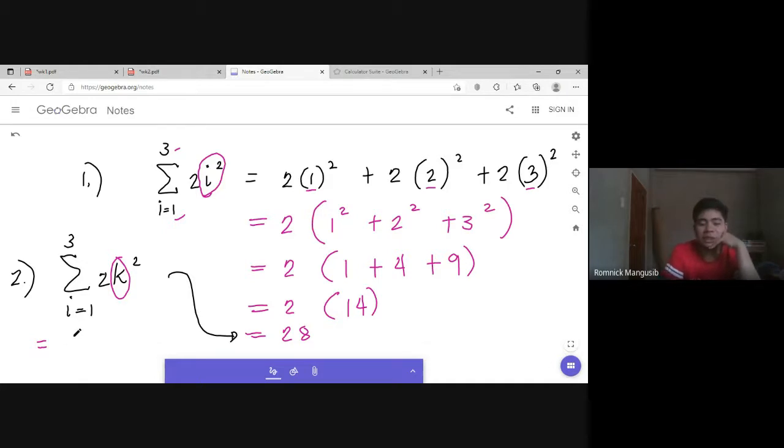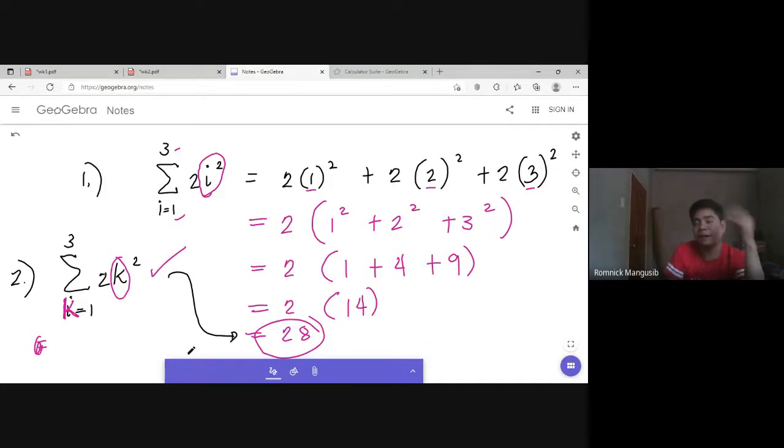Kumbaga paulit-ulit siya ng 3 beses. Pero dahil walang value ang K, ang magiging sagot mo lang dyan is hindi siya 28. So nag-expand lang ito. Kung sana pinalitan natin ito ng K, okay, na magiging 28 talaga ang sagot mo. Kasi K starts from 1 to 3, sabi niya.